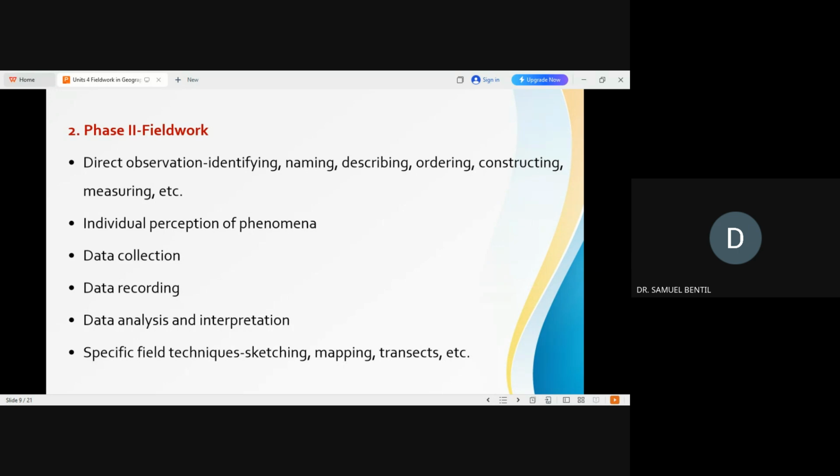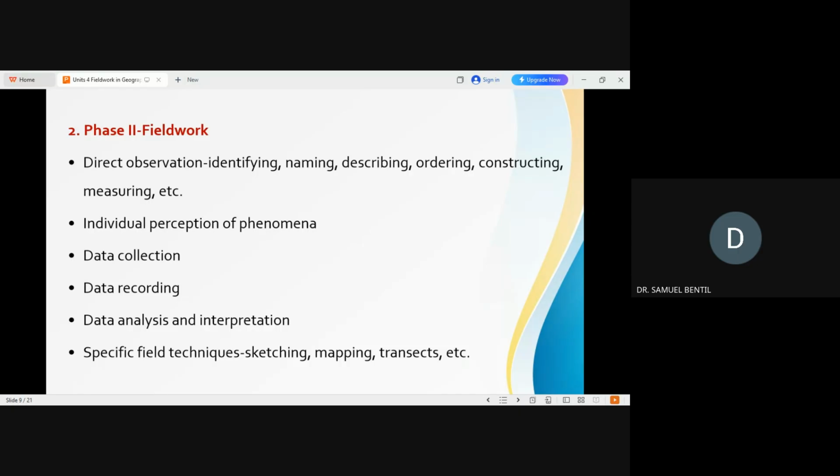So you have to ascertain that, when we get to the field, what are some of the things that people must be doing? They must observe, and in the observation, they must be able to identify. They must be able to name and describe and even categorize or classify or order the happenings into the various forms and be able to offer some measurement.